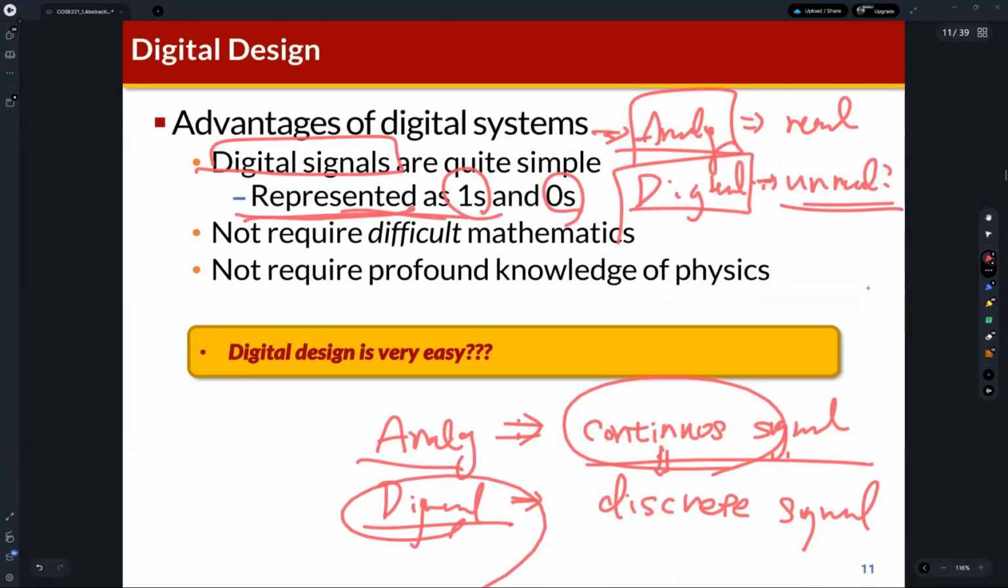But digital signals are represented as ones and zeros only. Our analog signals can be represented as very discrete digital signals, such as this is 1, this is 0, something like 1, 0, 1, 0.